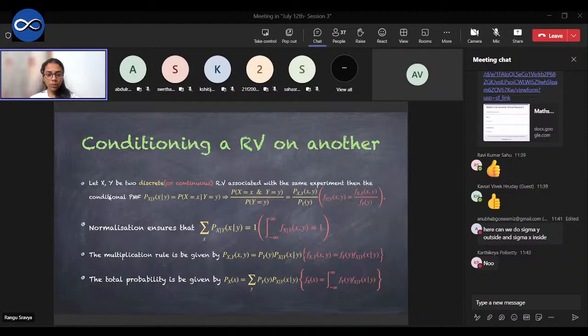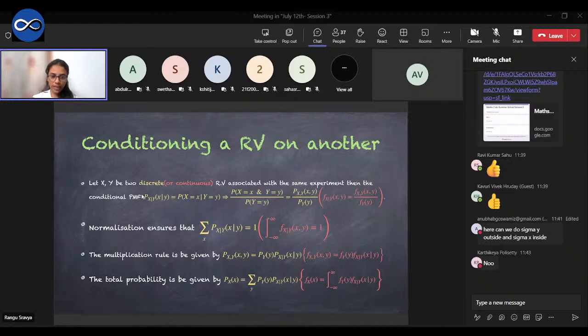And now to find the total probability P_X of x. While discussing joint PMFs, we discussed how to find the marginal PMF from the joint PMF, right? If we want to find P_X of x from P_XY of x comma y, we did the summation over the entire range of y.